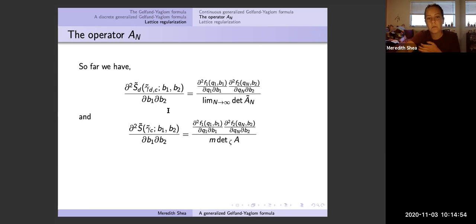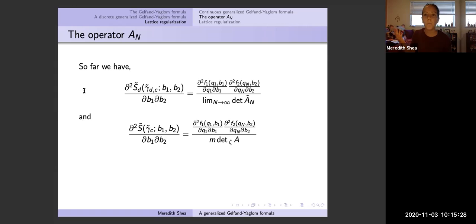The first one was the derivatives of the action at the critical point were equal to the derivatives of these functions over the limit of this determinant of this discrete operator, where we reasoned that the limit here was finite and existed, well defined with an asterisk. And then we had something very similar for A, and this was in the continuous setting. The only thing different was we had this M.